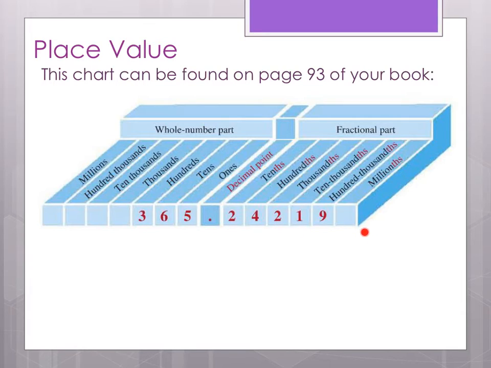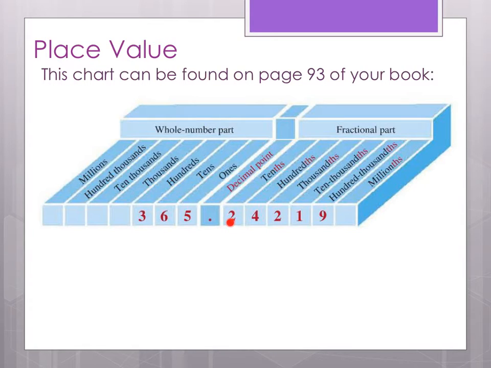Now the fractional part of the decimal does the same thing, but since they're fractions, these powers of 10 end in ths, or th. Now notice there's no oneths place. That just doesn't make sense. So we start with the tenths place. And as we count, we go by another multiple of 10 each time.